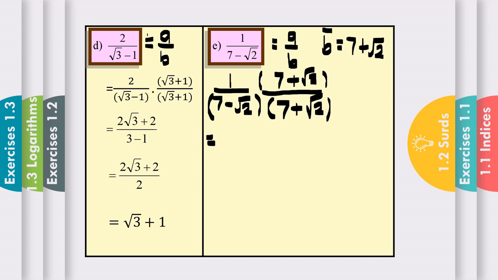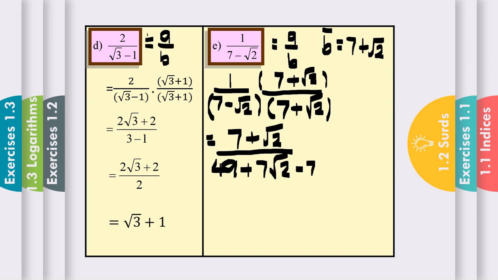And the next step is to expand. So 1 times 7 is 7. 1 times square root 2 is square root 2. Over 7 times 7 is 49. 7 times square root 2 is 7 square root 2, negative 7 square root 2, negative positive is negative square root 2 times square root 2.